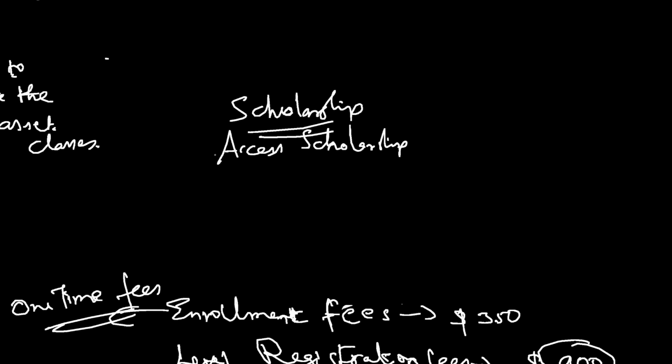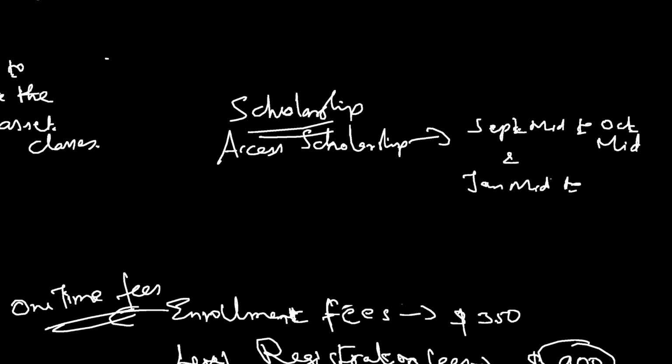Generally this form opens between mid September to mid October and mid January to mid February. I'm not giving the exact dates, you will have to check the website. It will take a month for them to go through your write-up and then decide whether you should be given a scholarship or not.